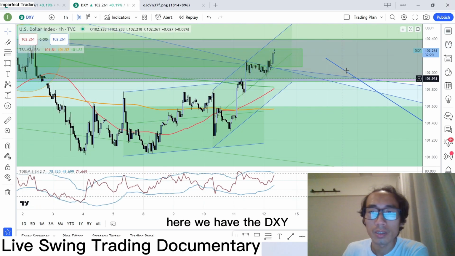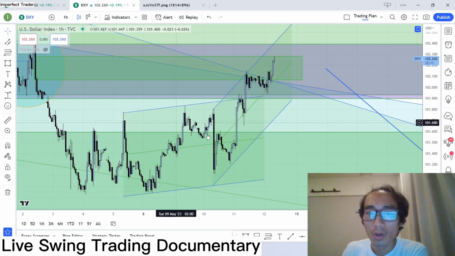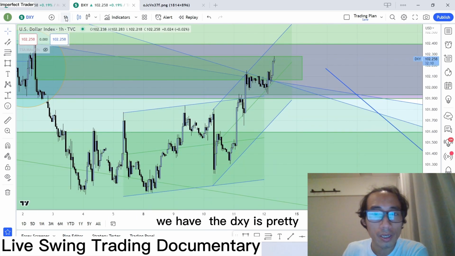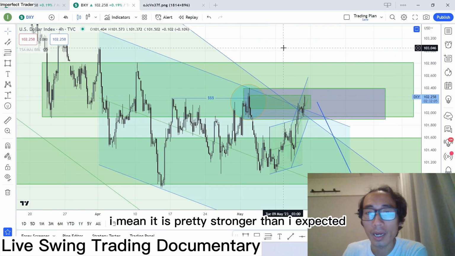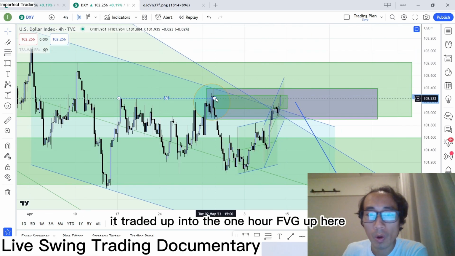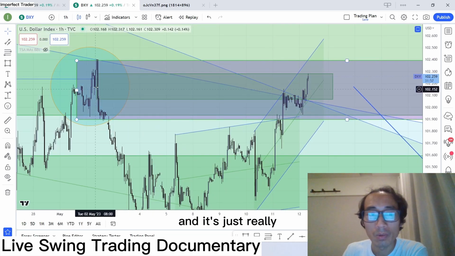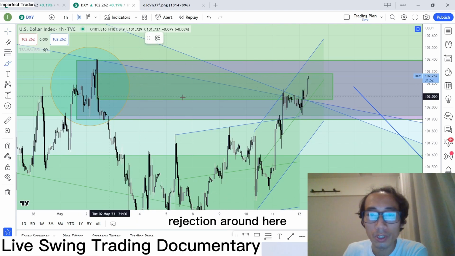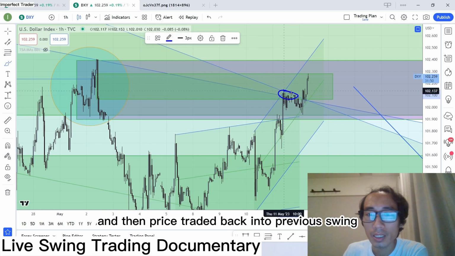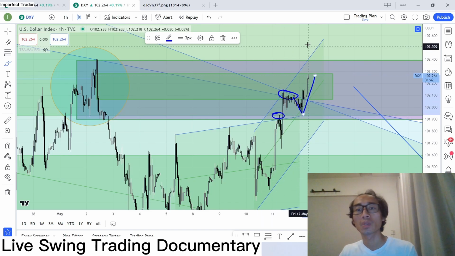here we have the DXY. It is pretty strong, stronger than I expected. It traded up into the 1 hour fair value gap up here, and you can see it actually having some kind of rejection around here, and then price traded back into the previous swing, and then it traded higher.